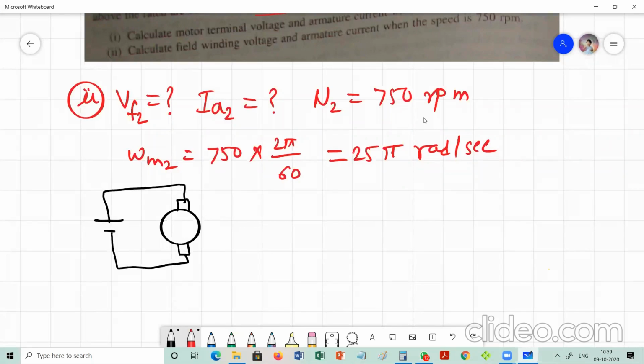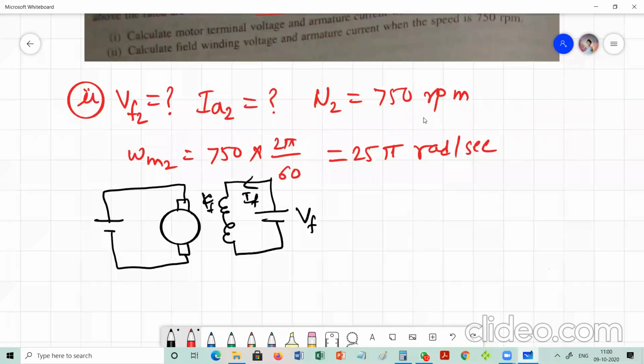Okay, this is the armature circuit and this is the field circuit. From this we can observe that suppose this is the field voltage Vf, this is the field current If, and suppose because of the field winding, flux produced is phi.